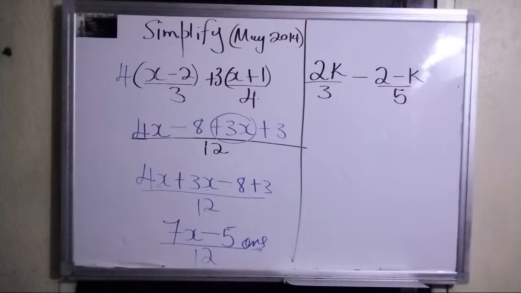I know you guys are gonna mess it up. So go ahead, that's 2k over 3 minus 2 minus k over 5.